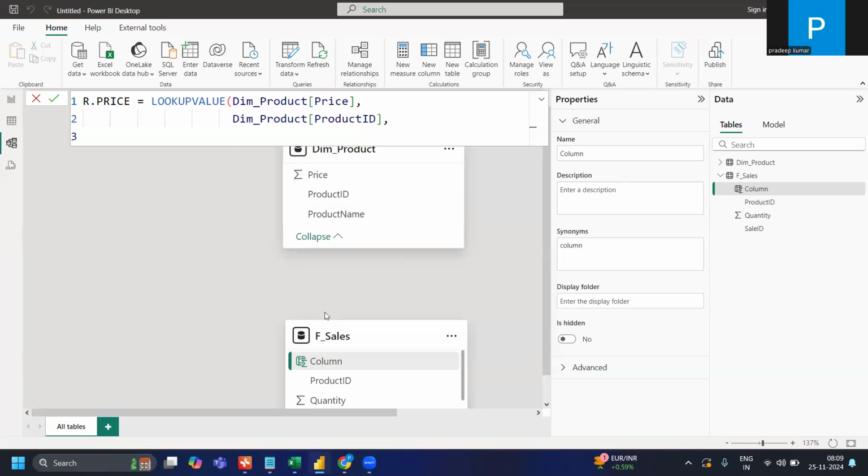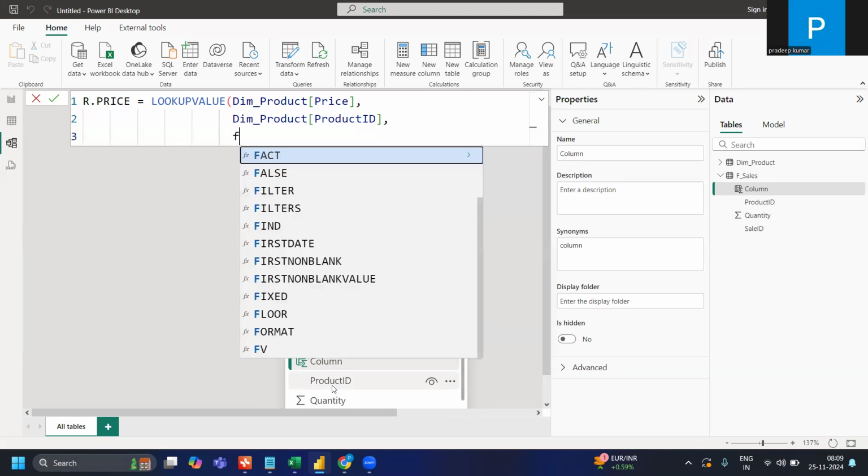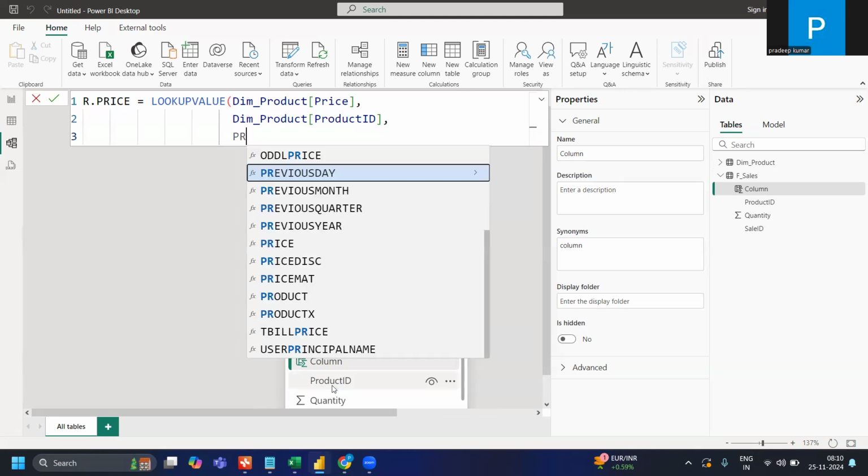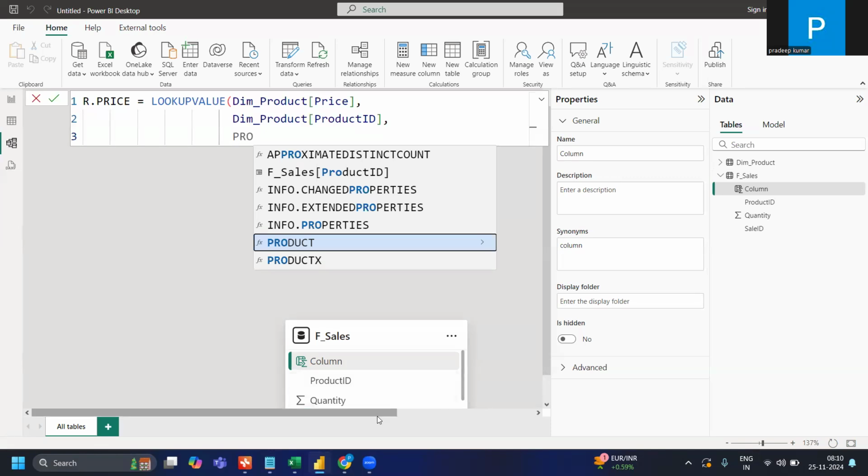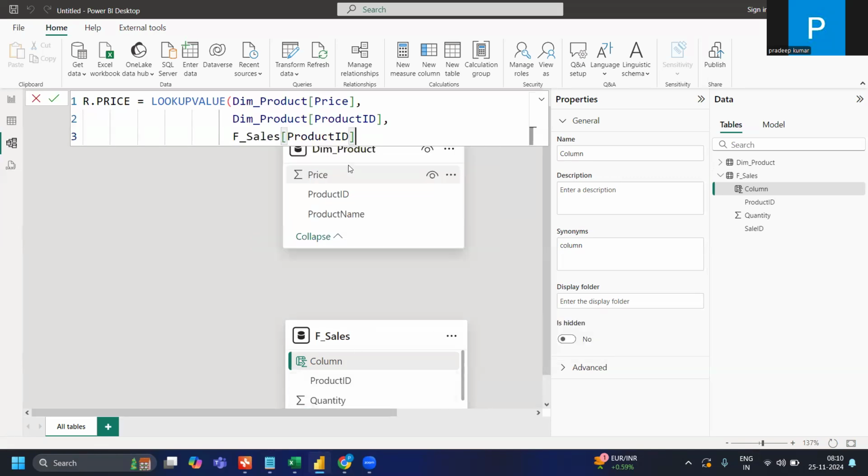Similarly, in the fact table, what is the common column? Product ID. Based on these two conditions, product ID and product ID, we are fetching the price value into the sales table.